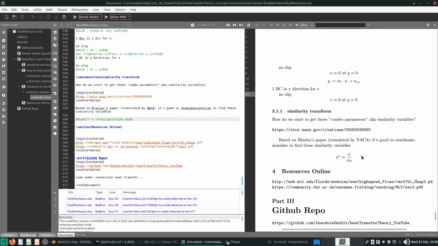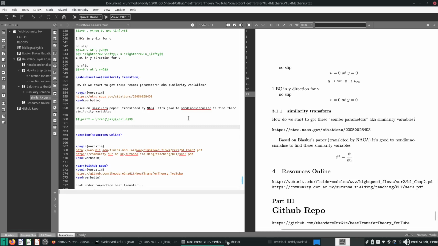So we introduce the non-dimensional forms of the stream function to help us find what the so-called similarity variables should be. So the non-dimensional stream function will sort of be the dependent variable, because the velocities are captured in this stream function, and they represent the y and x velocities.